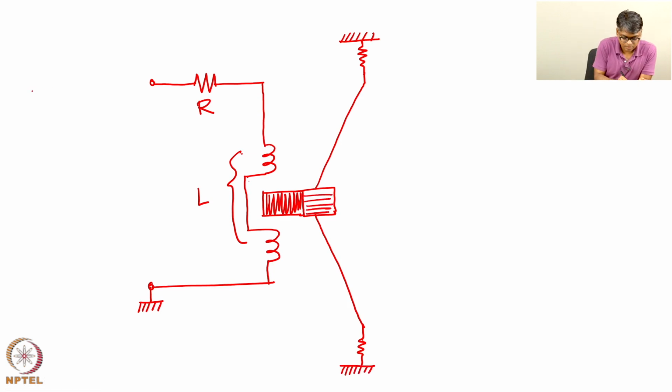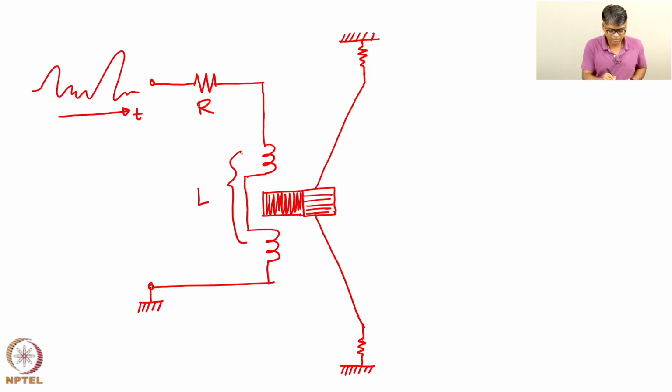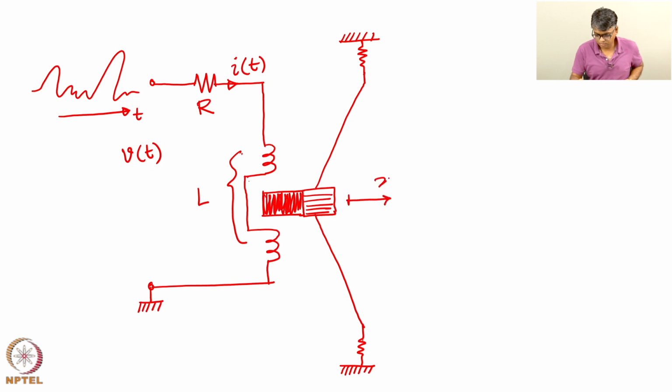What happens is, when a signal comes in the form of a voltage, it produces a current. That current goes through the coil and sets up a magnetic field, and that magnetic field causes this core, which is a magnetic material, to move.